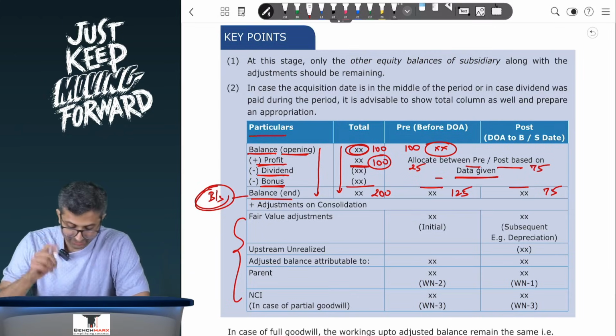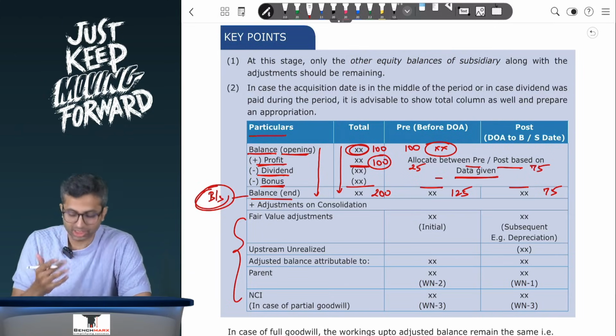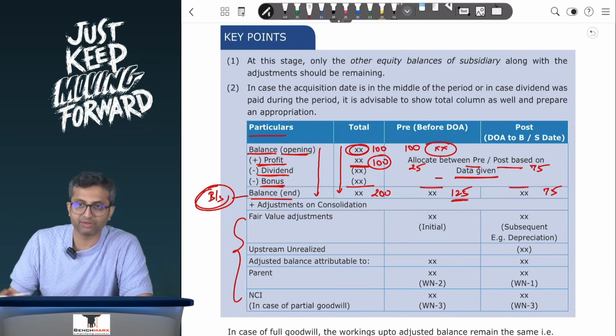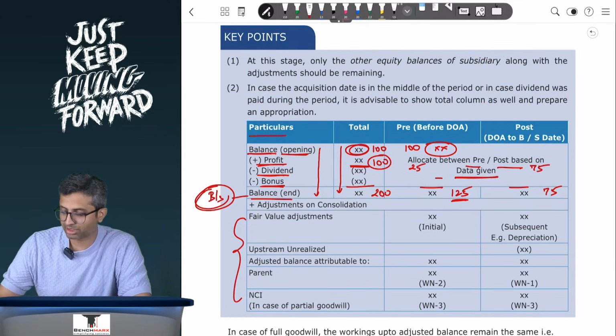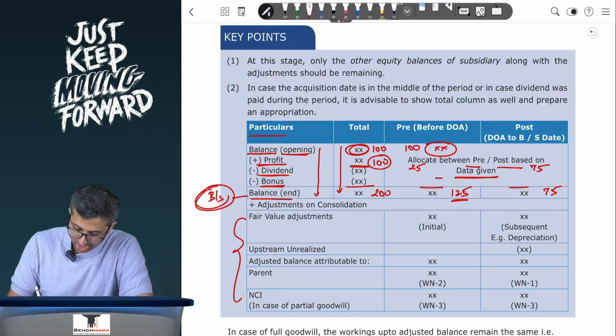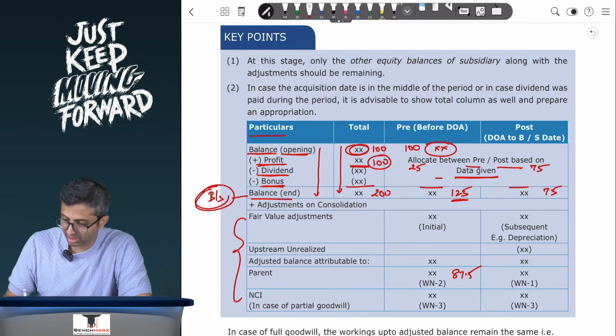Now let us say there were no further adjustments, in which case what will I do with this 125? Well, this 125 belongs 70% to the parent, so 125 into 70%, that is around 87.5 belongs to the parent, and the remaining 37.5 belongs to the minority.